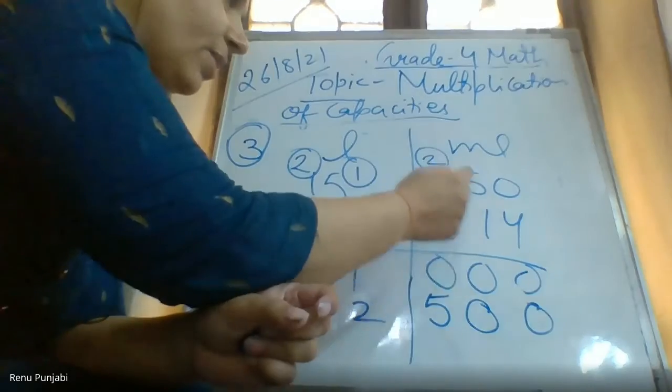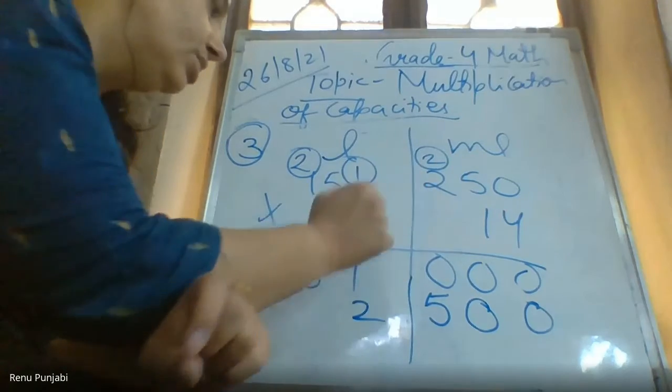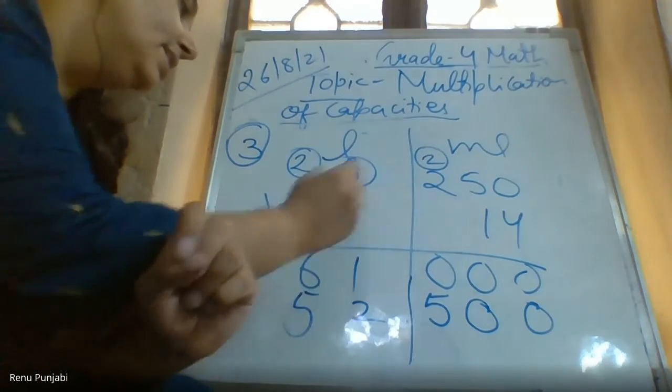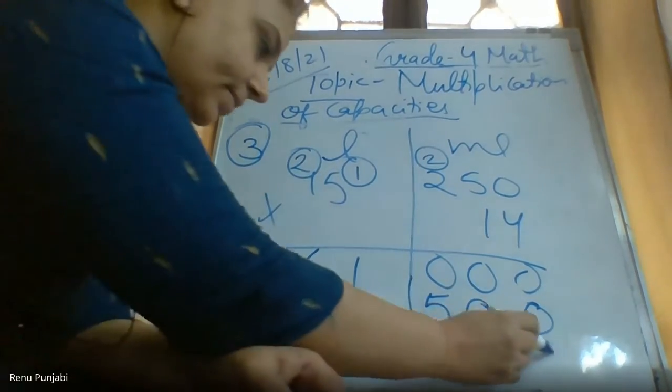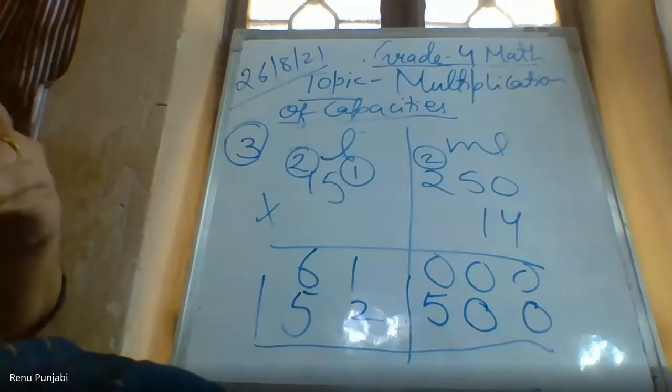Now you said 5 ones are 5, 5 twos are, 1 twos are 2, 1 fives are 5, 1 ones are 1. Add them and find the answer. 0 will be 0, 0, 0, and 5, after that, and then 2. Then 6, 6, and then 6 ones are 7. So the answer will be 76 liters and 250 ml.